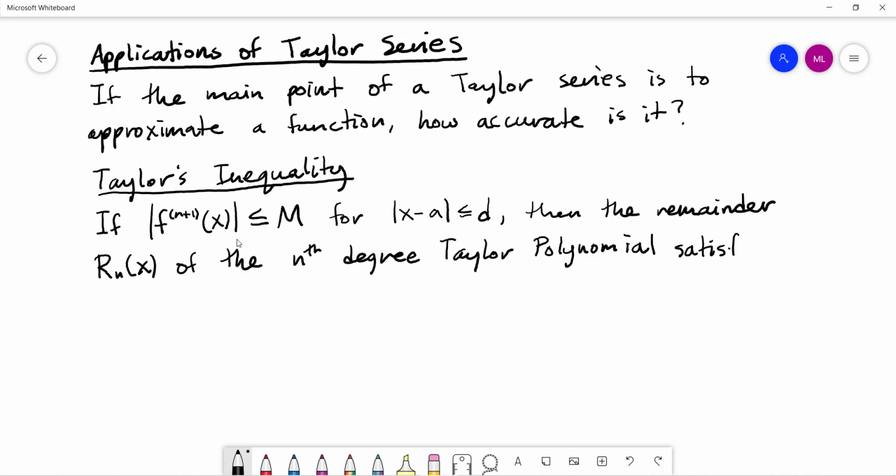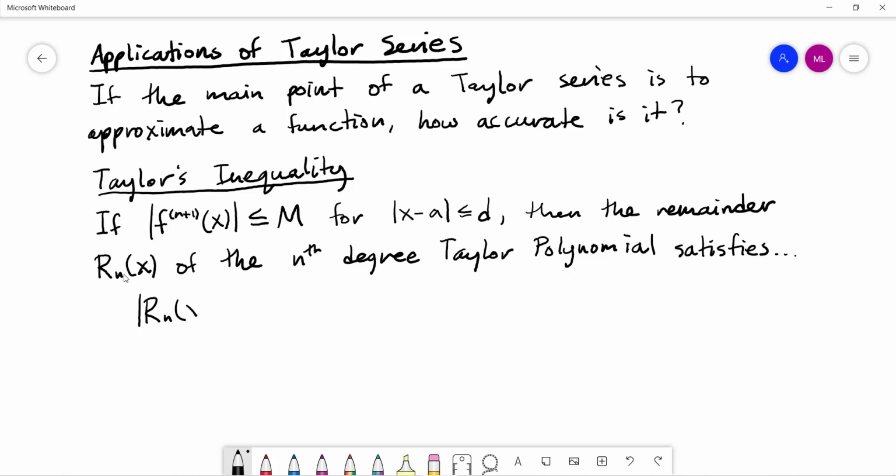So basically what we're saying is we're using an nth degree Taylor polynomial, so we're truncating our thing after the nth term. And this Rn(x), the remainder, which you can think of as essentially the error, how far off it is from the real function that it's trying to approximate, is as follows.